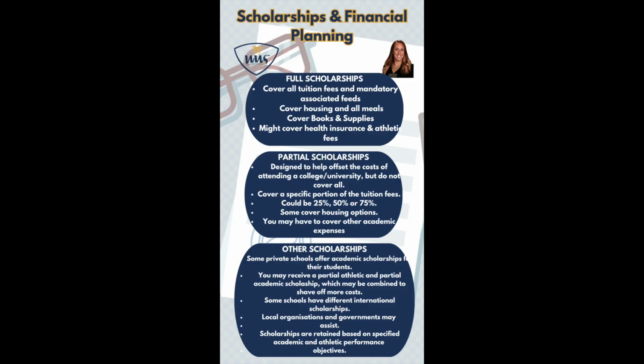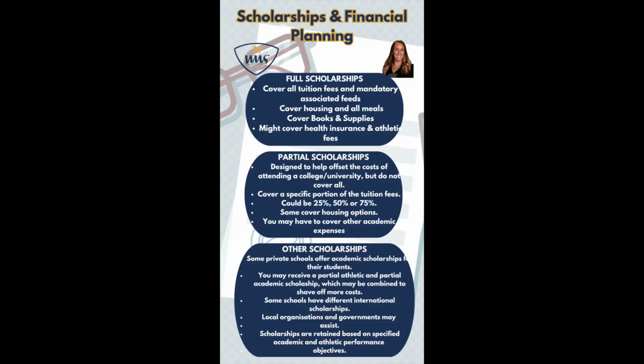All right, so for scholarship and financial planning, there are different types of scholarships that you might be eligible for. First and foremost are the athletic scholarships. When it comes to athletic scholarships, there are both full scholarships and partial scholarships. So full scholarships cover typically the full tuition amount of that school and any mandatory fees that are associated with that.